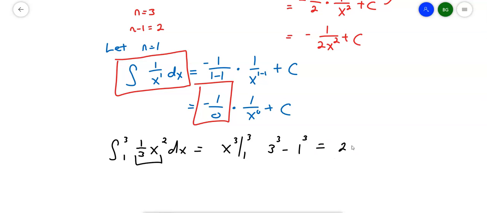The key to that was we just utilized the antiderivative of our original integrand.